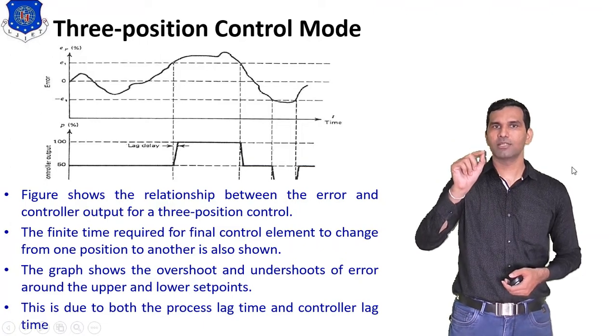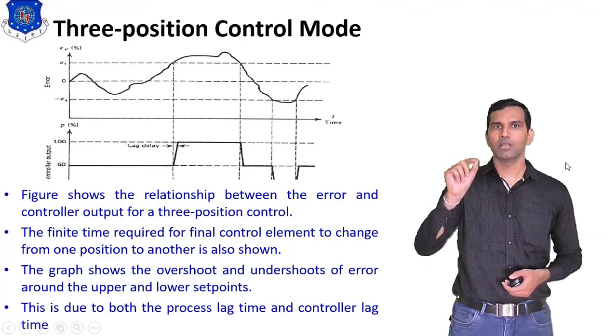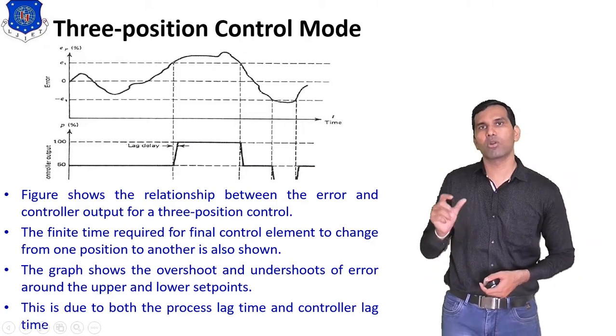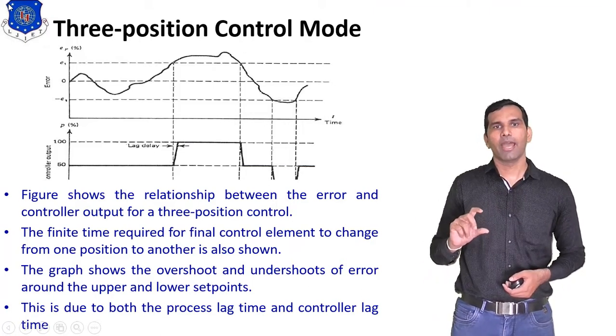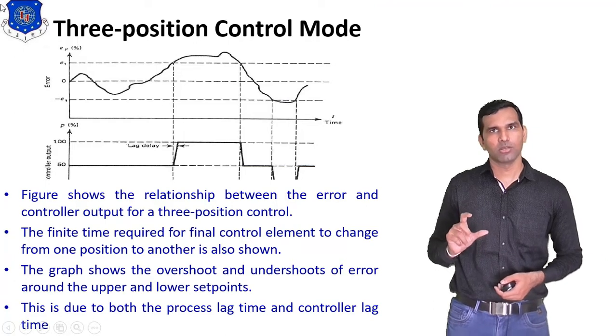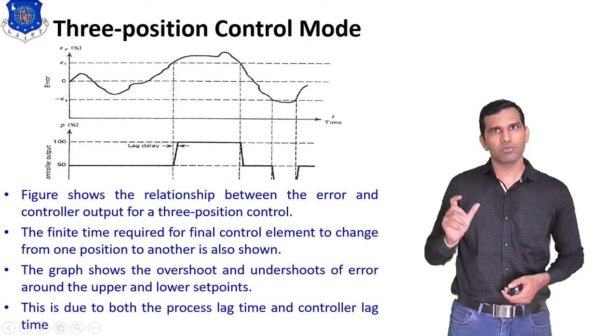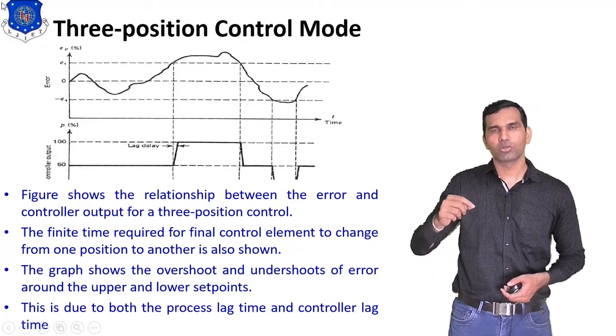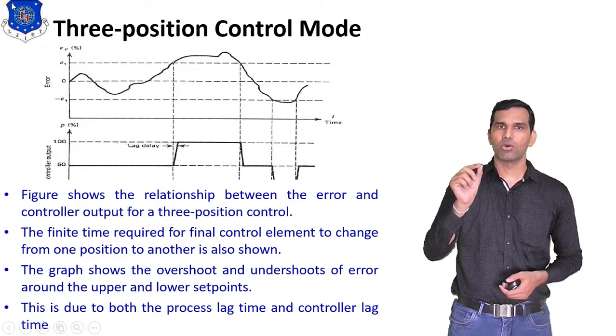But at that time some delay occurs. We know the control lag and process lag and the undershoot and overshoot procedure. Due to that, some time is required to increase the output, so there is some delay.